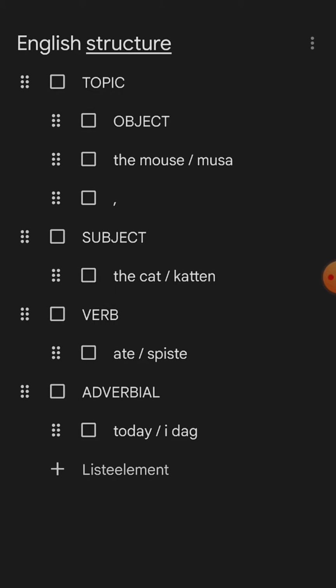The topic slot is at the beginning of the sentence, and it tells you what is the most important known element of the sentence. What do you know about the sentence already that is important? What is the sentence about? In this case, the mouse, the cat ate today, means that you're already talking about the mouse, or you're changing the subject to the mouse. Then you're elaborating that, oh, about the mouse, the cat ate it.